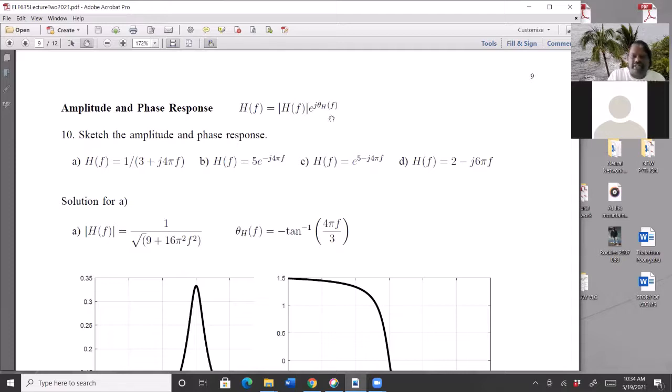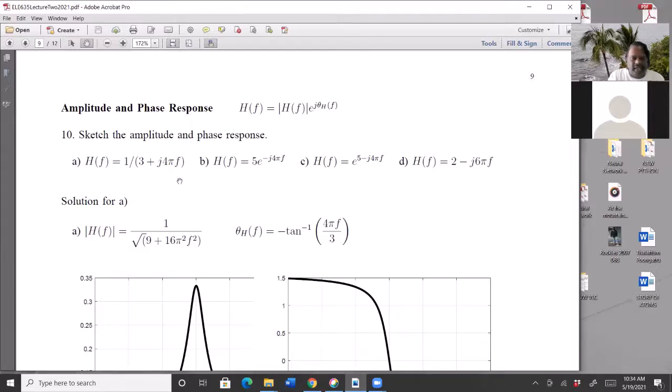I'll talk about why this is important in a moment, but here is an exercise. Sketch the amplitude and phase response. So I have given you the solution for the first one. To calculate the amplitude response, I need to write this in polar form. When you write in the polar form, what you have here is the magnitude of the complex number. The magnitude of a fraction is the magnitude of the top divided by magnitude of the bottom. Magnitude of the top is 1, and then I get square root of this squared plus this number squared, which is all from complex numbers.